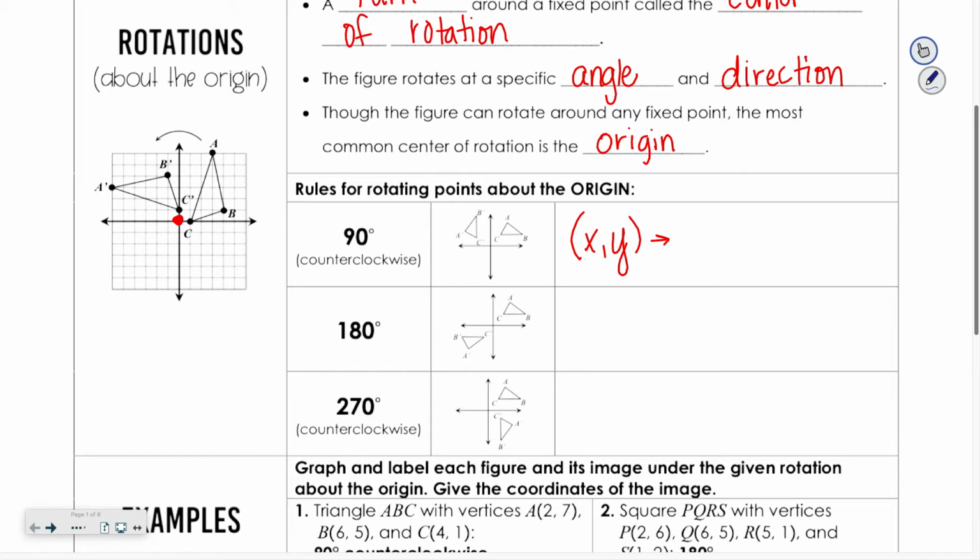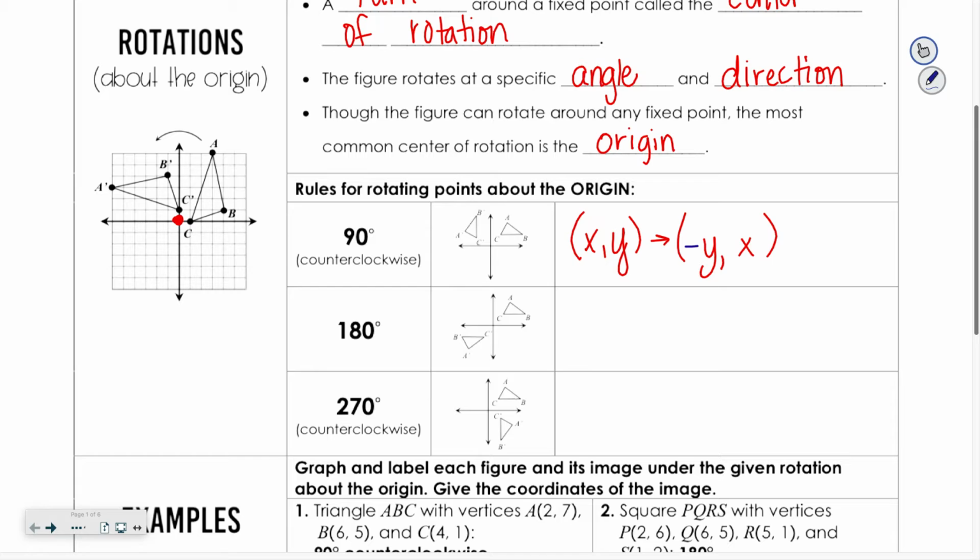Every time you go 90 degrees counterclockwise, you're going to take your ordered pair and switch the order they're in. So it's going to be (y, x), and then you're going to change the sign of whatever ends up in the first spot. So every time you go 90 degrees, take your ordered pair, switch the order, change the sign of what lands in the first spot.